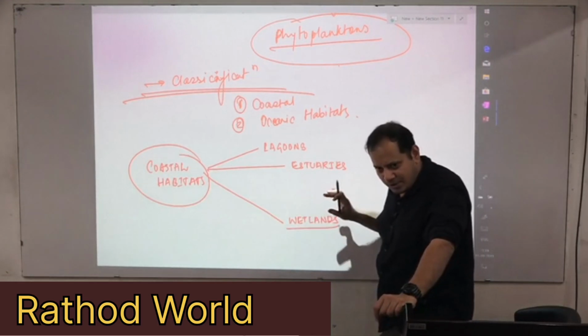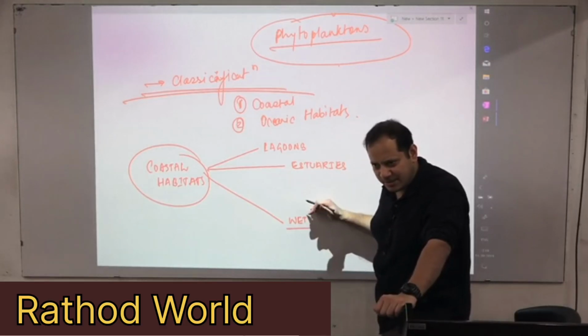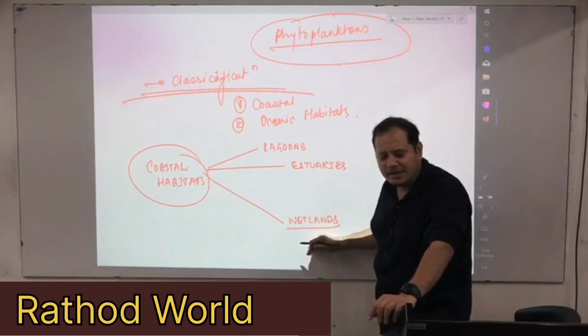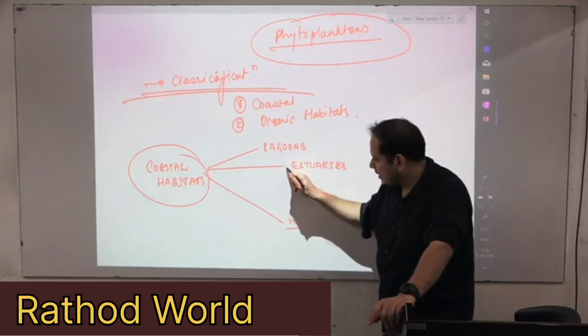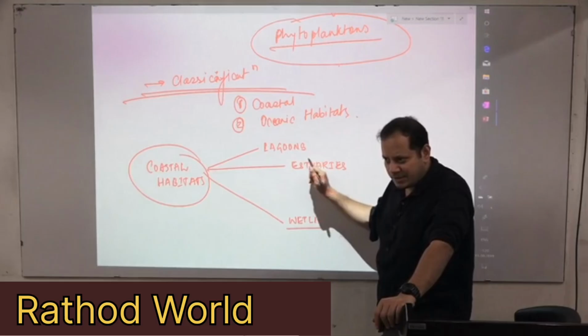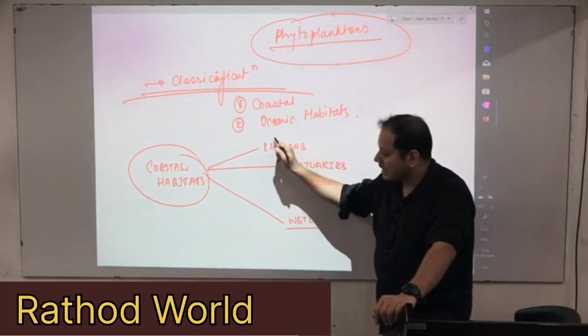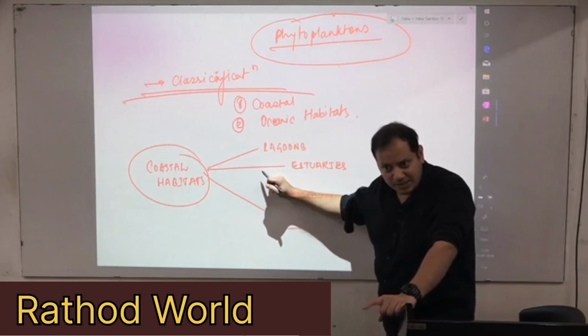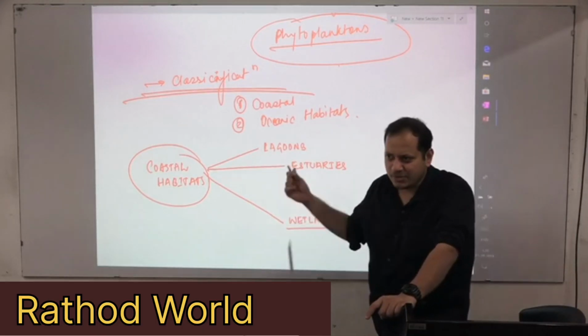If there is a coastal wetland, its depth at low tide should not exceed 6 meters. Fine? That is what a wetland is, anywhere there is water. Now the water can be where the river's mouth has submerged below the sea, that is an estuary. And it can be where some lake is near the coast but separated from the sea by a narrow land. That is what is known as lagoon.